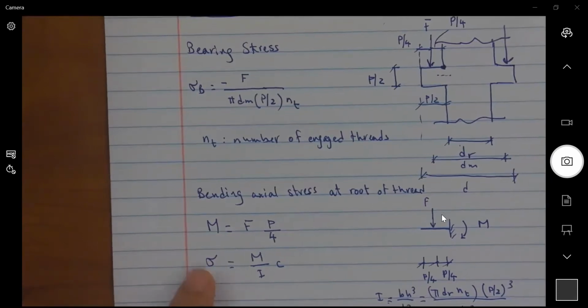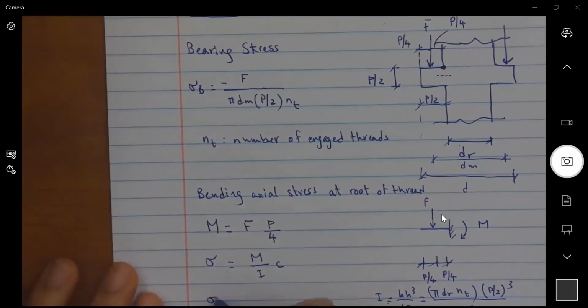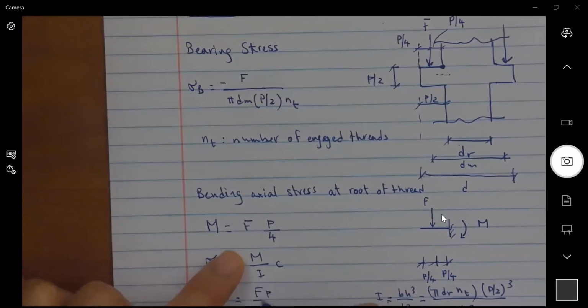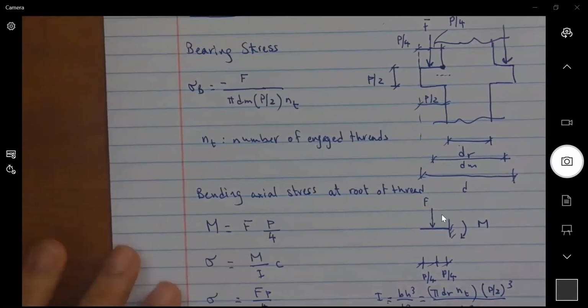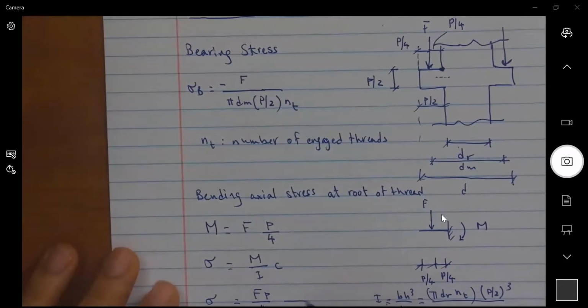So when I substitute in my equation, I will get a bending stress. So M is FP over 4. And then if I find C over I, we'll find that this will be equal to 24 over pi dr nt times P squared.